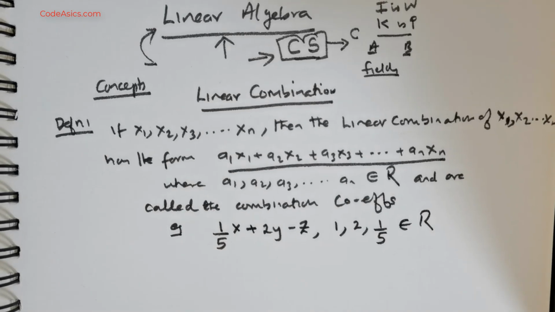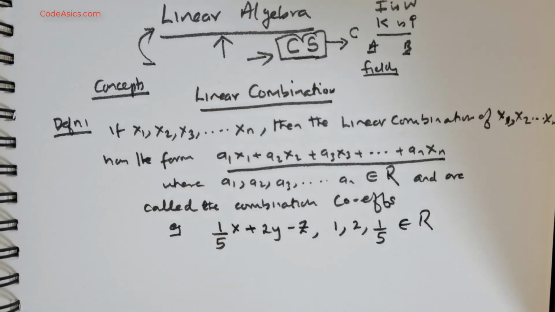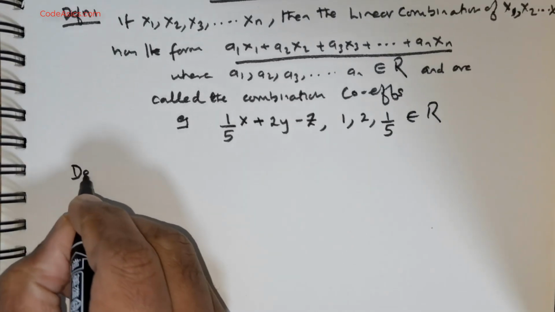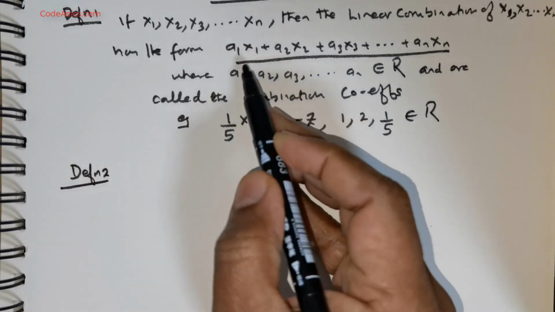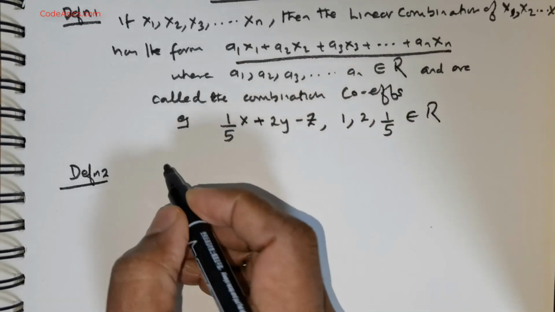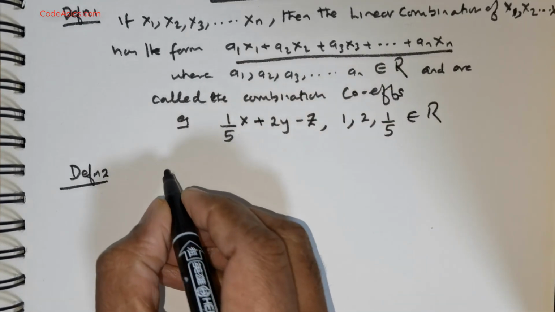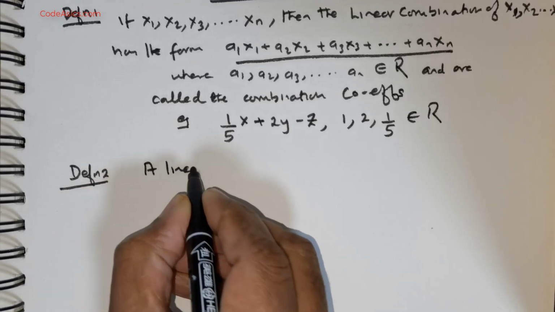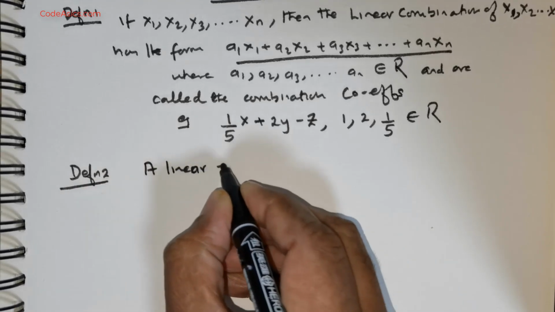Okay, having mentioned this definition, let me move on to the next definition. This definition will emphasize the reason why I have given you this definition. So what is a linear equation?